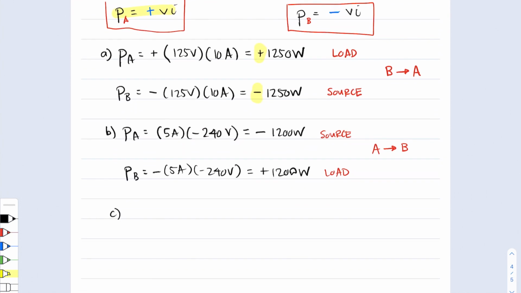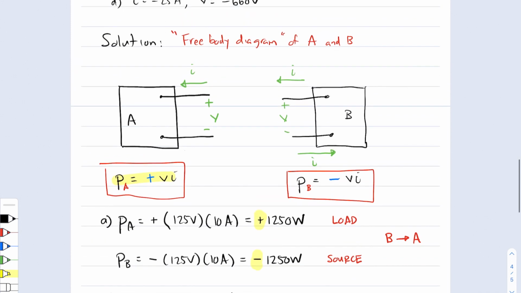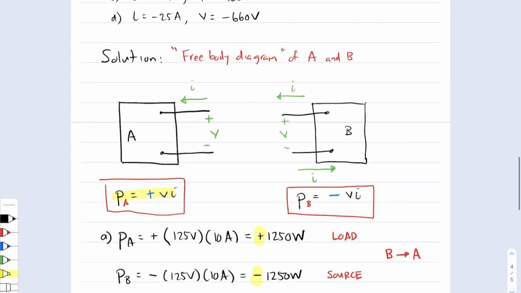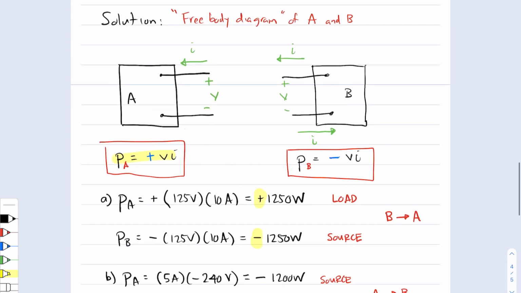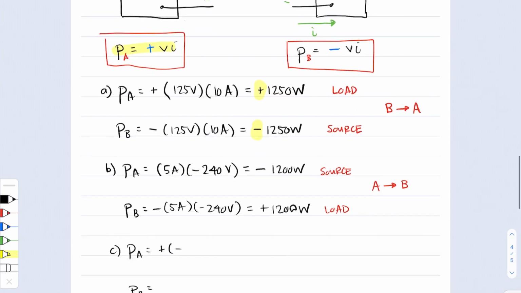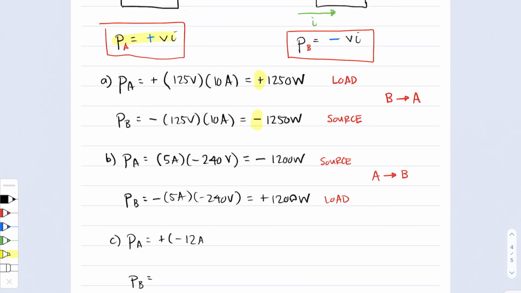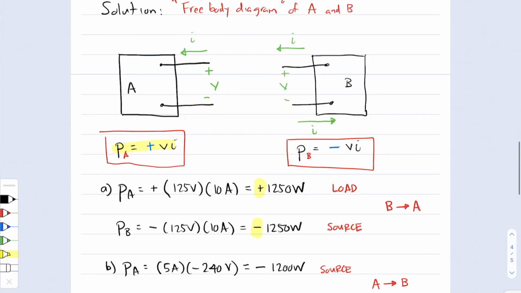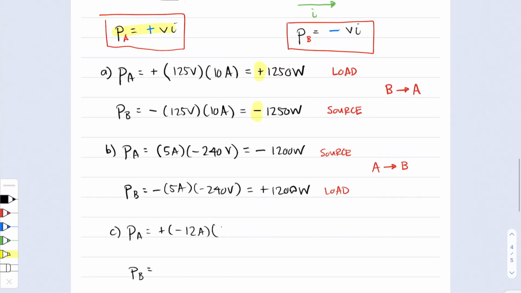We can play this game again. We'll have PA and PB. So for that voltage and current, I is negative 12 amps, voltage is 480 volts. So here for PA, we have plus minus 12 amps times positive 480 volts.